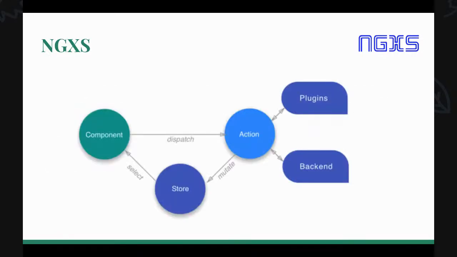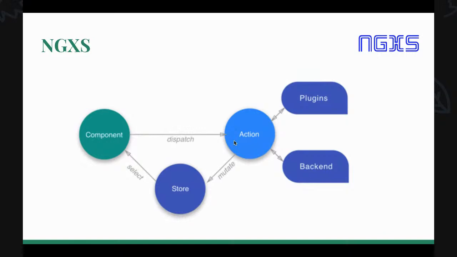So now let's look at this diagram. This component is essentially your app. The green circle you see is essentially your app. Now the user is interacting with the component, and you can think of an action being dispatched.